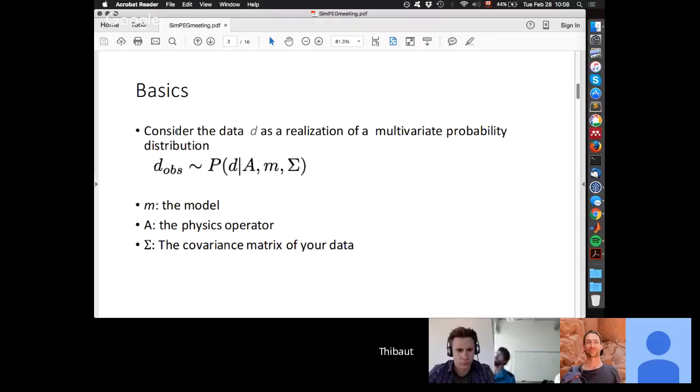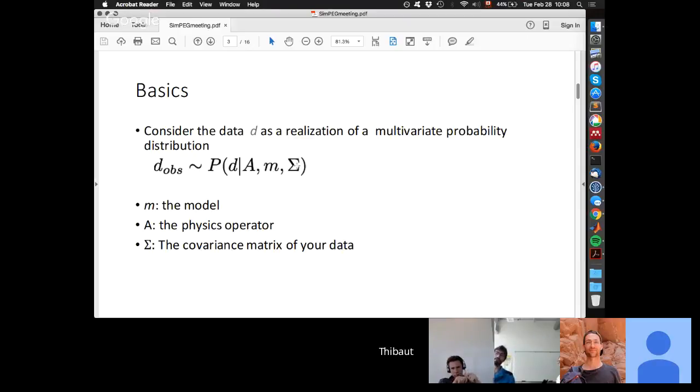The first thing is that we have our data D, and we're basically going to consider it as a realization of a multivariate probability distribution, P of D, knowing my physics, my model, and some covariance on my data.